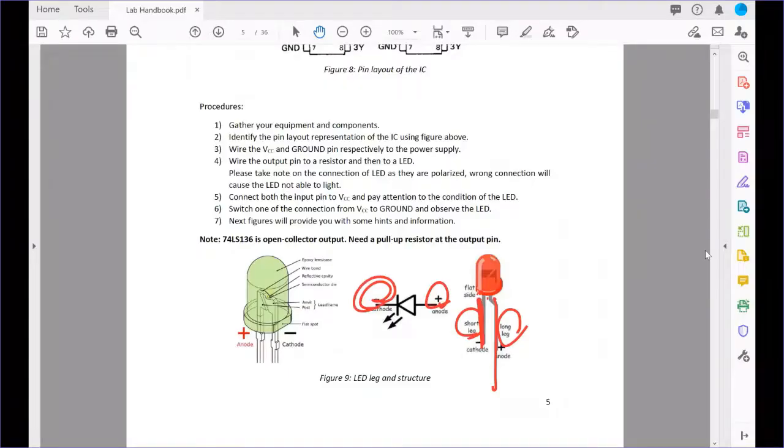Then the negative side can also be identified by the flat side at the body of your LED. Right, you can see there's a flat spot at the LED. Another method is by looking at the shape of the semiconductor inside the LED, but it's quite difficult. So the most common way to differentiate is by using the leg and also the flat side.